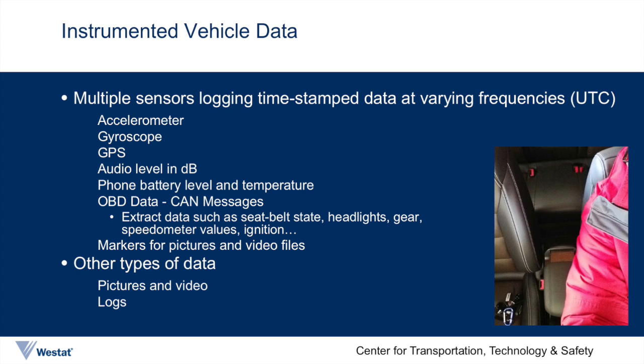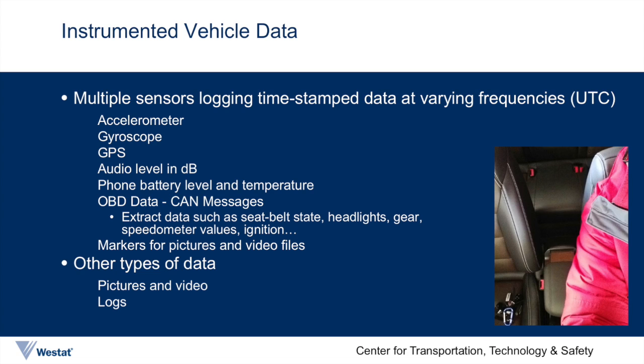But we're also connecting to the OBD port in the vehicle to get the CAN messages that are logged by the vehicle. These vehicles nowadays have a data bus that all the electronic components talk to each other on, including the engine, and all the stuff that you press is recorded in that. And if you know the right messages to listen to, you can decode a lot of what's happening in the vehicle.